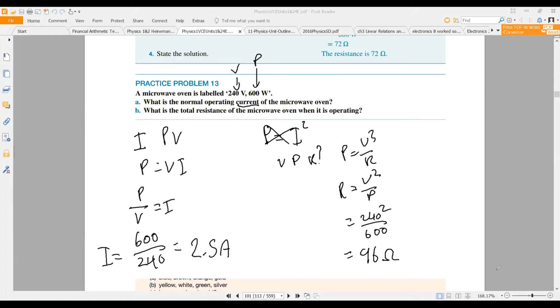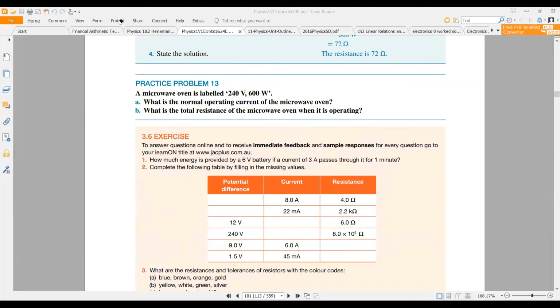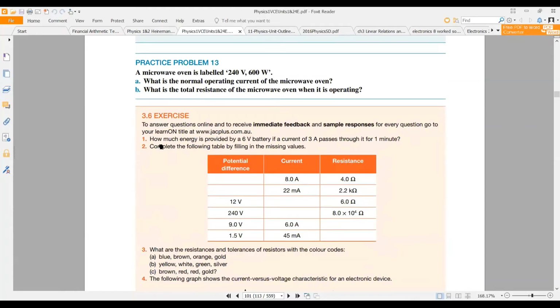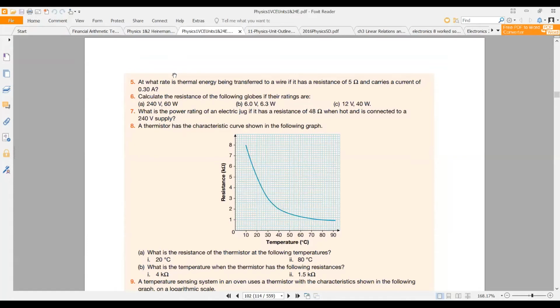Now, you will see that there are problems like this all the way through here. There should be some problems like that down here, at least. If we go have a look, question 5: at what rate is thermal energy transferred to a wire of 5 ohms carrying 0.3 amps? So they're giving you a resistance and a current.